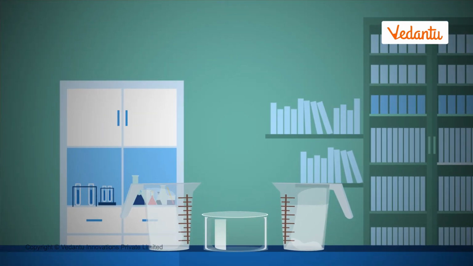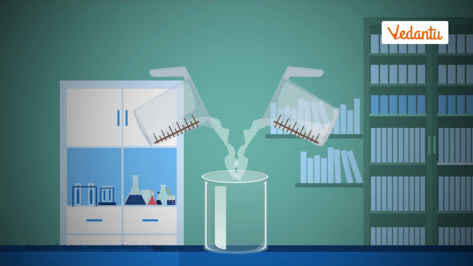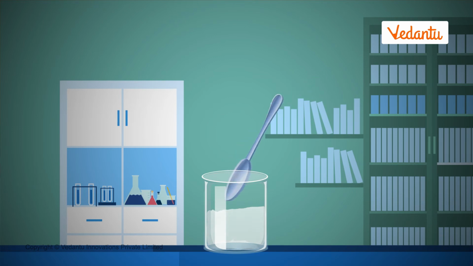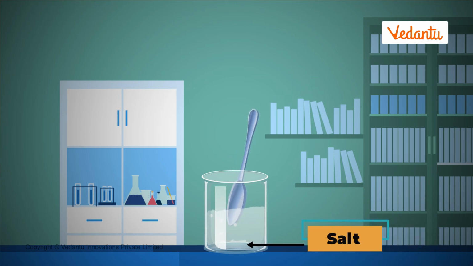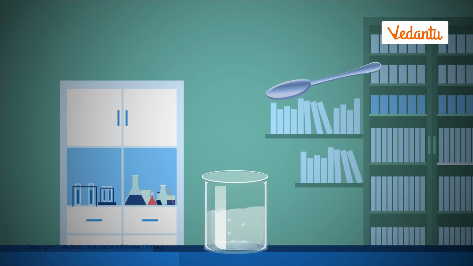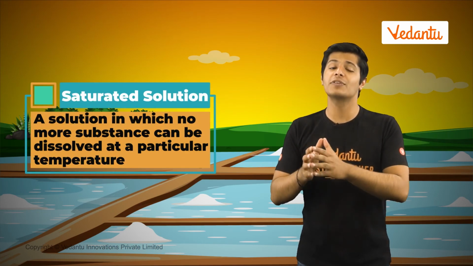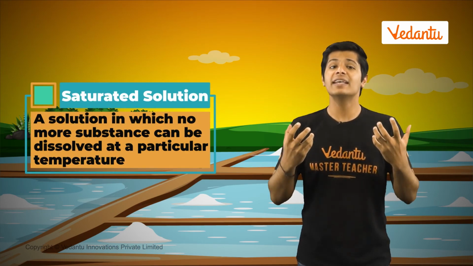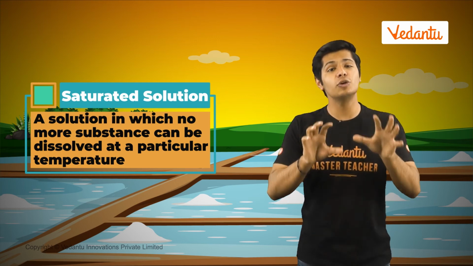That means in the same amount of water, more sugar has dissolved than that of salt. If we take the glass with salt and water, the water cannot dissolve any more salt in it. We call this mixture of salt and water to be saturated. So when no more of a substance can dissolve in a solution at a given temperature, it is called a saturated solution.